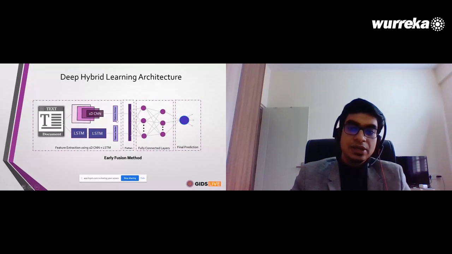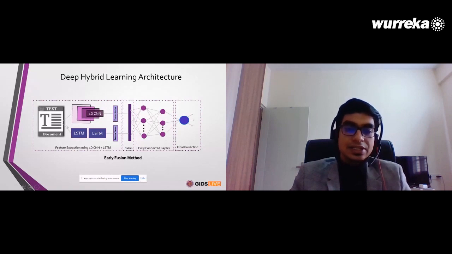But in a deep hybrid learning architecture, we not only go with the standard approach, but we can also combine it with another type of deep learning approach, where in this case we can go for a series of LSTM networks. LSTM is a recurrent neural network which works really well with sequential data.